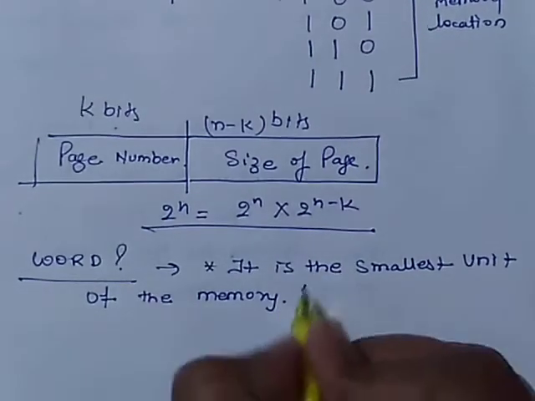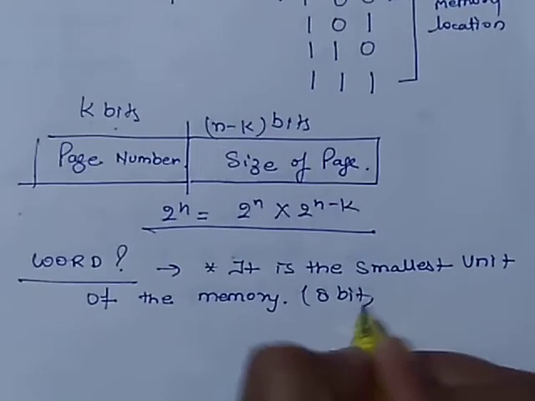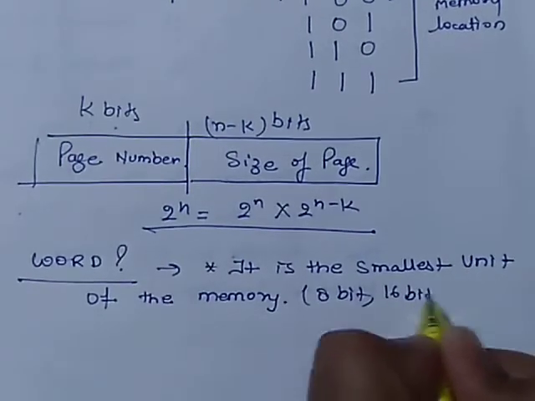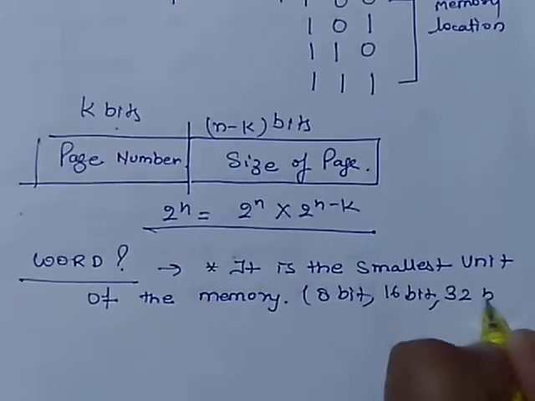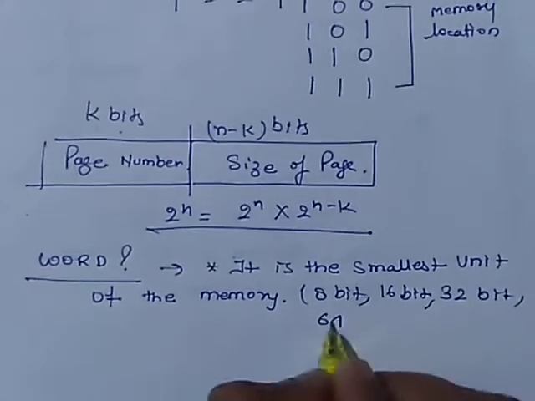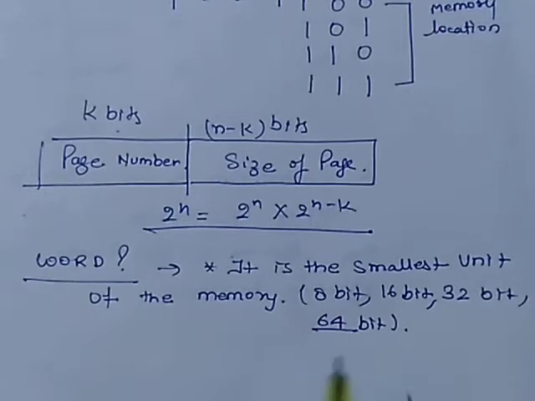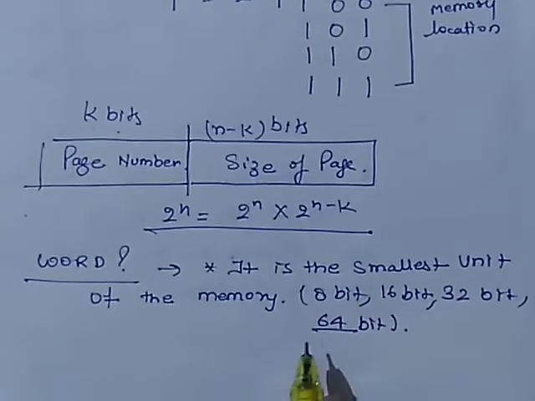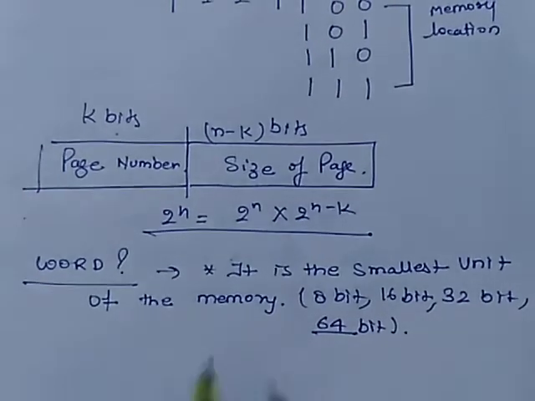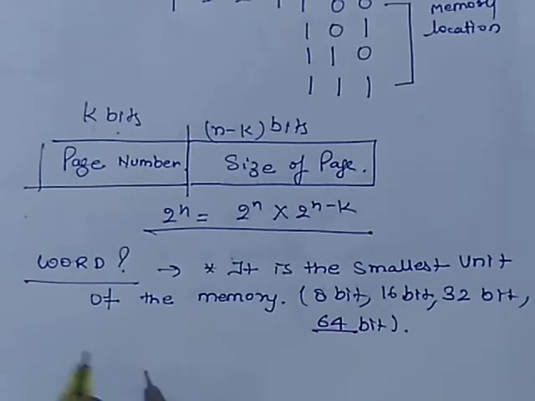As we know, we have 8-bit operating system, we have 16-bit operating system, we have 32-bit operating system, and nowadays we are getting 64-bit operating system. So this is the word length, and this is the smallest possible word that can be saved in the memory of a computer.